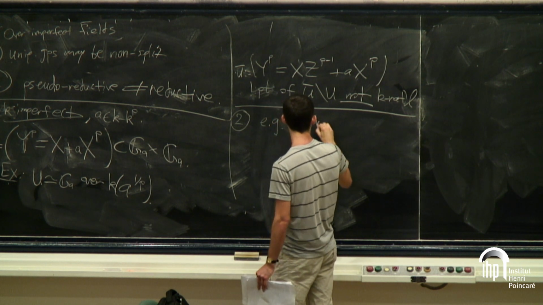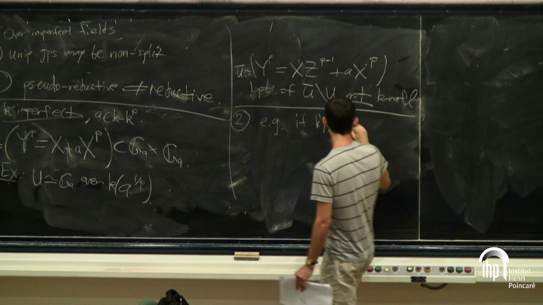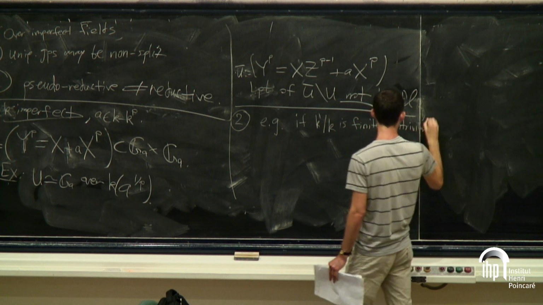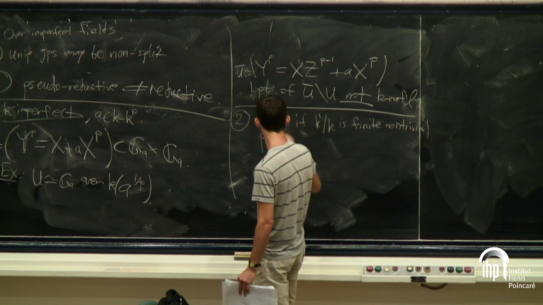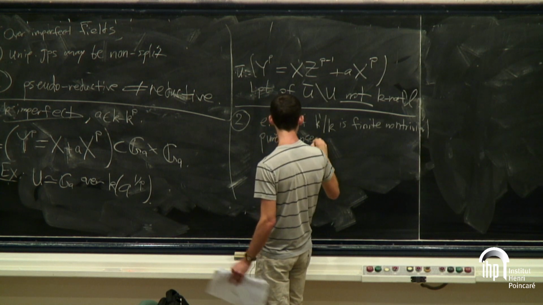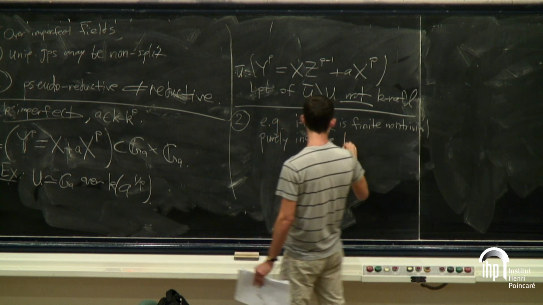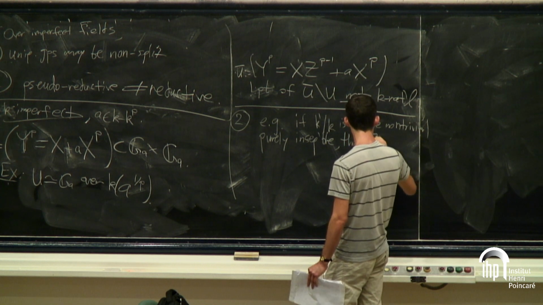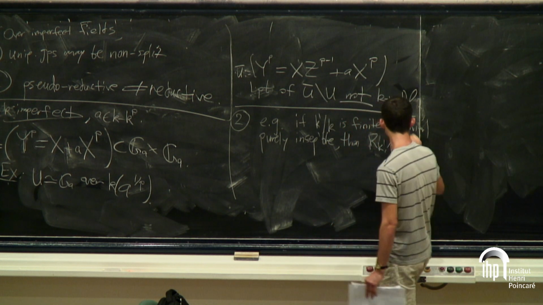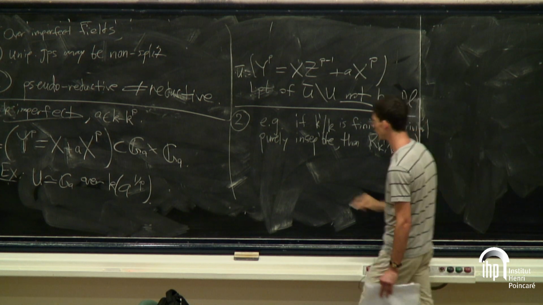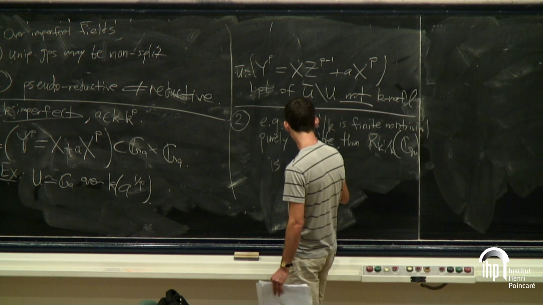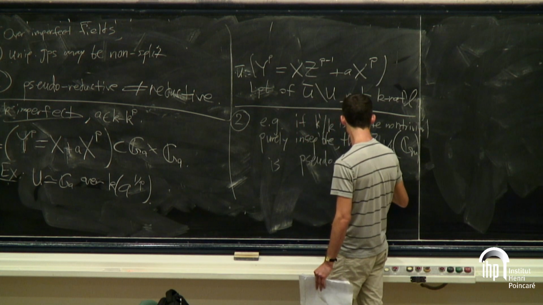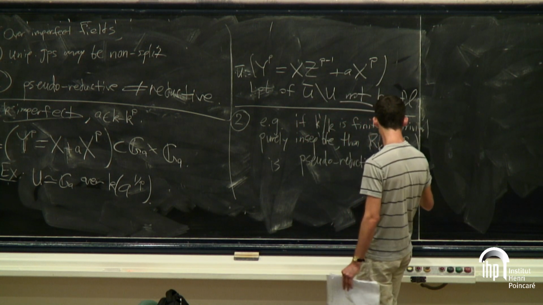If K' over K is a finite, non-trivial, purely inseparable extension of K, which exists because K is imperfect, then the Weil restriction from K' down to K of G_m is pseudo-reductive, but not reductive.